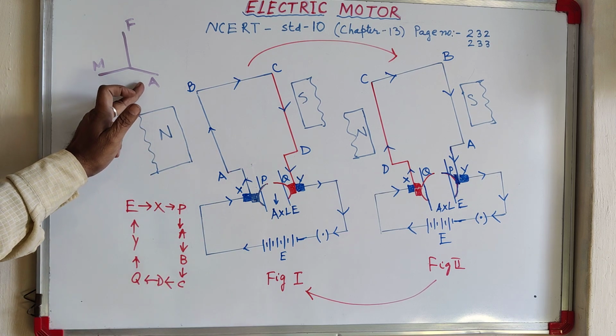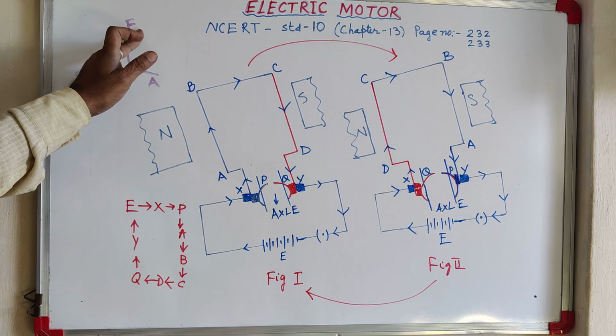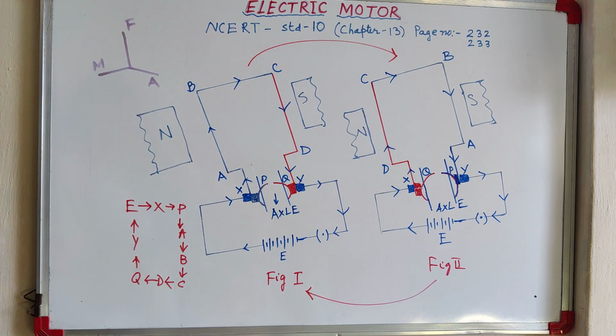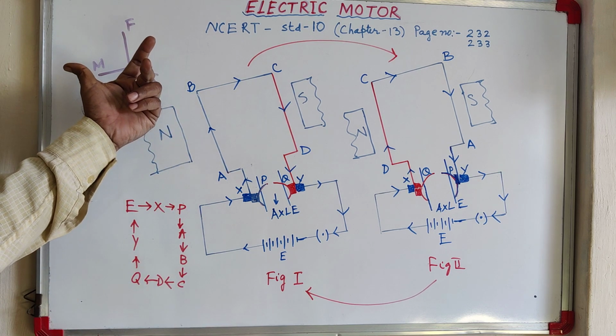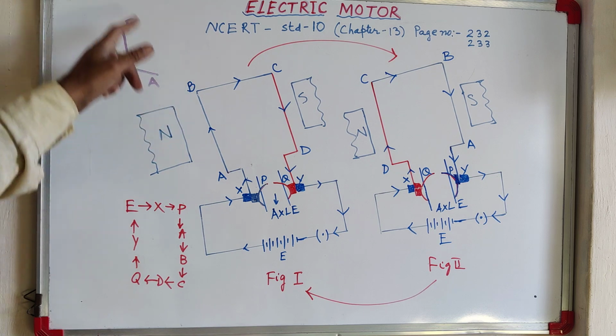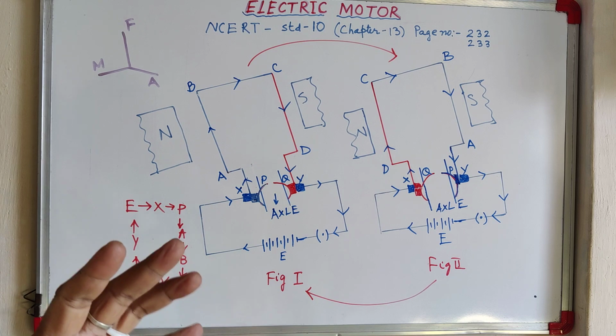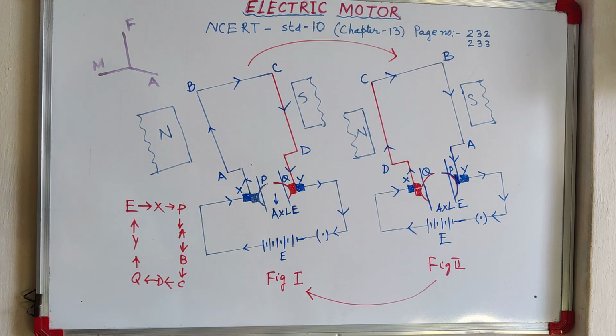So current is A for ampere, magnetic field is F, and the motion of the coil armature is called M, motion. So AFM, by this you can remember, a simple abbreviation AFM.